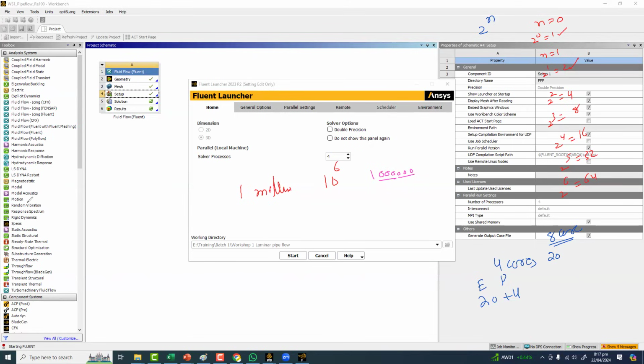So if 1 million cells are there, then for these 1 million cells we need RAM of at least 2 GB to 4 GB, depending on how many variables we are solving and how many physics are involved in the solution. So 2 GB to 4 GB for 1 million cells.